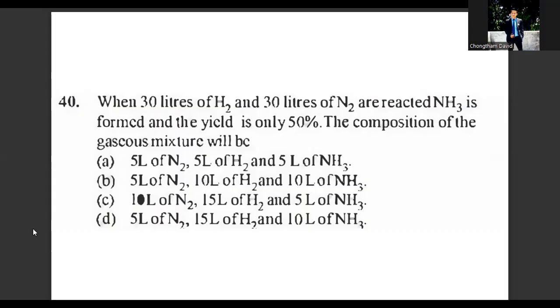As a result of 50% yield, the resultant mixture will be 5 liters of nitrogen, 15 liters of hydrogen, and 10 liters of ammonia. You can do this easily by looking at the stoichiometric coefficients. D is the correct answer.